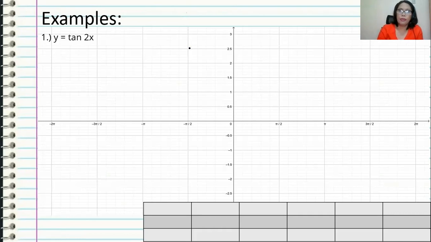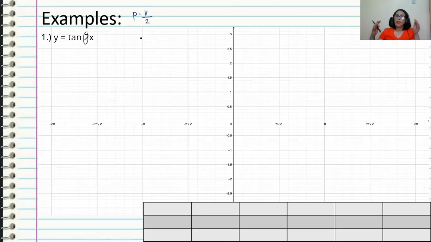Now, the period there, as what I have explained, would be, so the period now is equal to pi over b for tangent and cotangent function, since b is equal to 2, so the period becomes pi over 2.